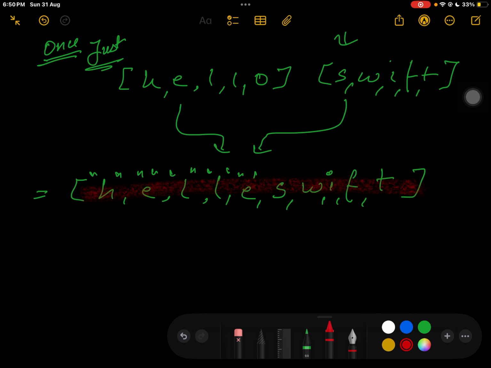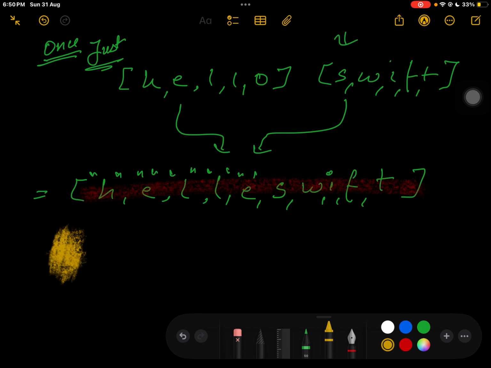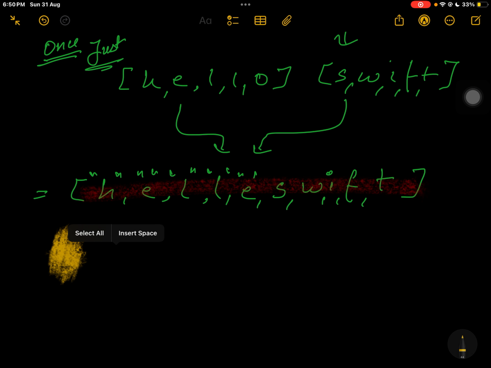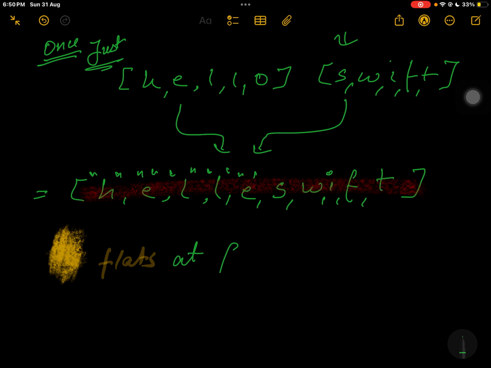So basically flatMap just flattens one level, we can say. This is an important concept you should know. Whatever flatMap does, it flattens at the first level only, or you can say one level only. Why am I saying this? Let's say you have another example where you have a 3D array that has to be converted.